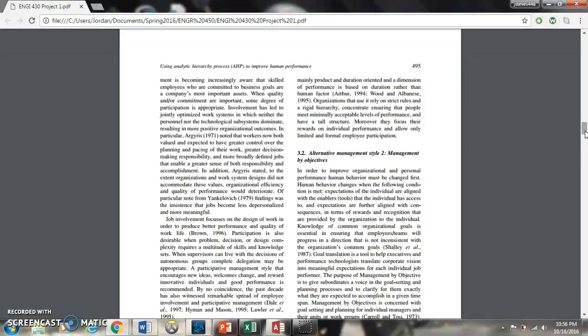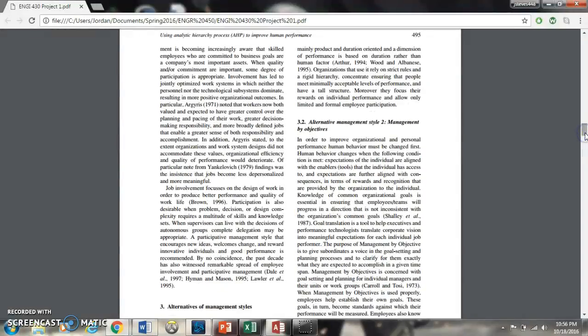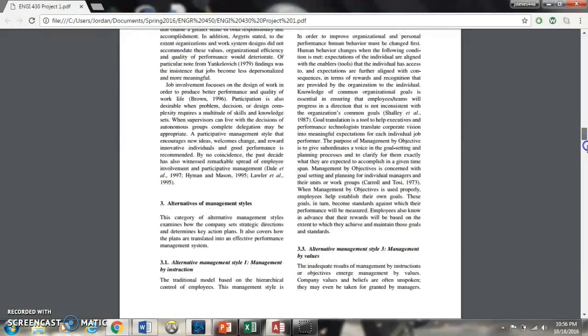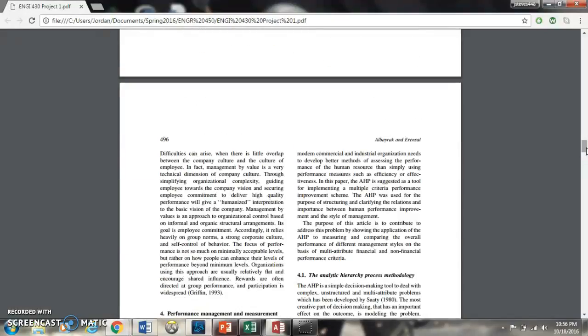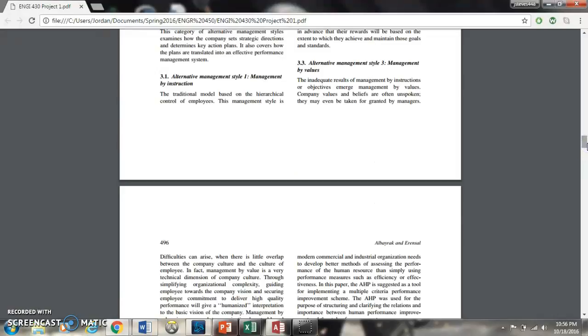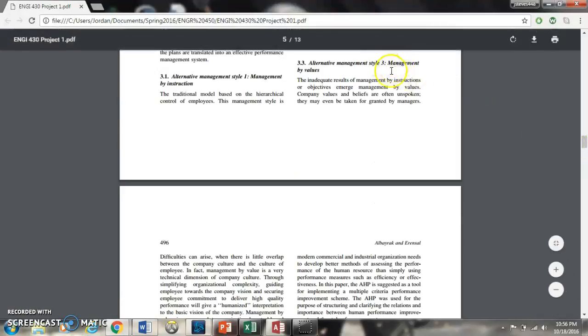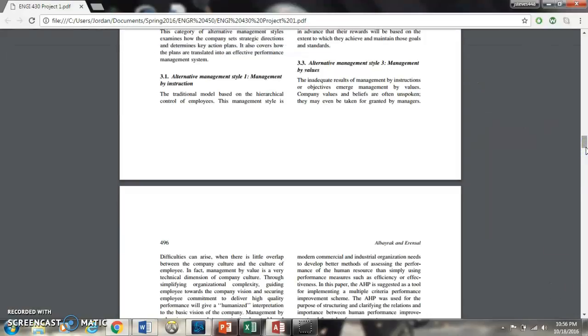This is where you give teams or groups or individuals goals or objectives, and they get rewarded based on those goals and objectives. The final one is alternative management, the management by values. This is to have values and beliefs of the company and to inspire workers to work towards these visions for the ideal employee.